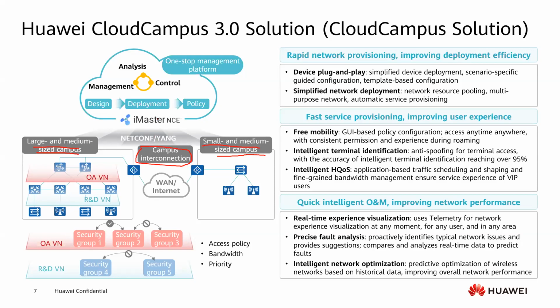We will introduce that maybe next week. This Friday, we will begin to introduce campus interconnection and SD-WAN. The cloud campus also meets the requirement for branch interconnection, just like SD-WAN.